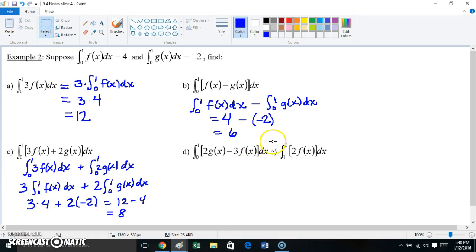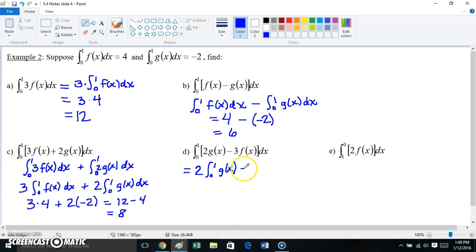Okay, there are actually 2 more examples here. In example D, D is very similar to C, except we have a difference instead of a sum. I'm going to jump right to breaking up the difference and pulling out the coefficients or the scale factors.